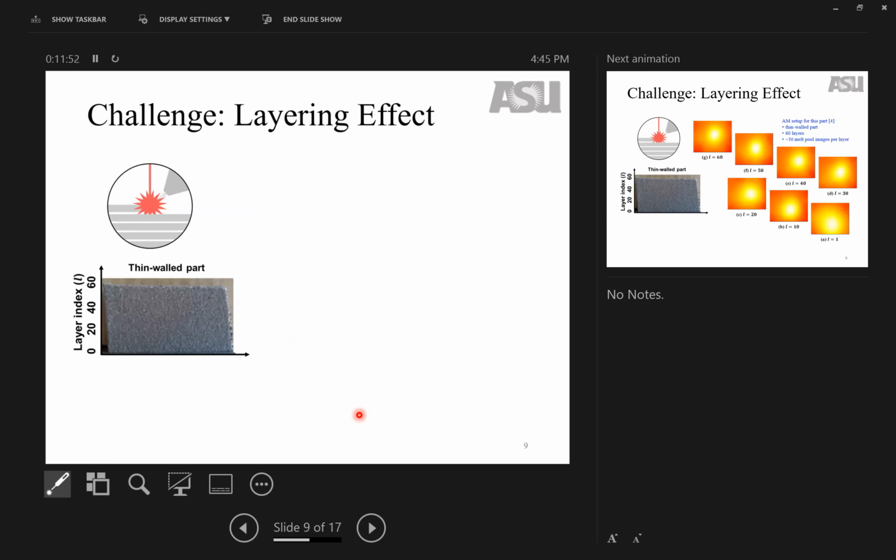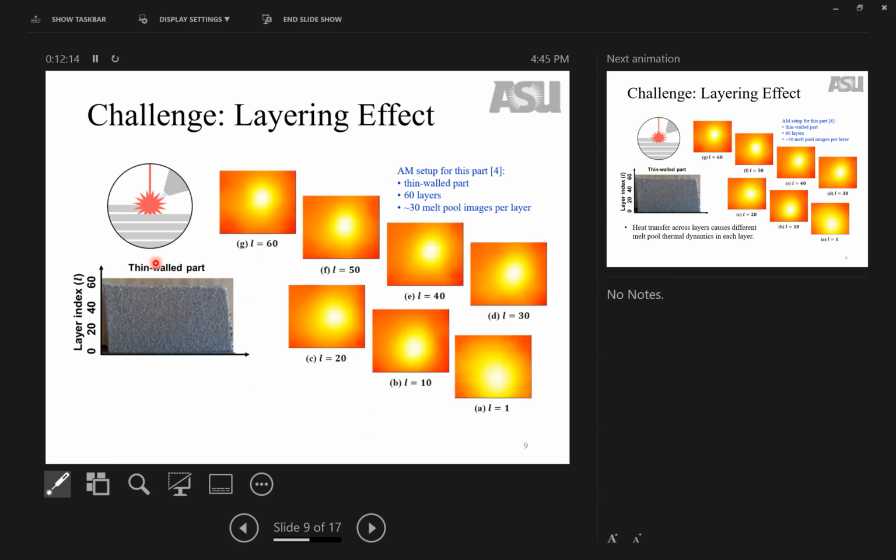Now, getting back to our LMD, we want to start with GAN and use it for predicting thermal signatures. But there is a challenge because of a fundamental physical phenomenon in LMD, the layering effect. We know that when we build a part with LMD, we accumulate layers, right?